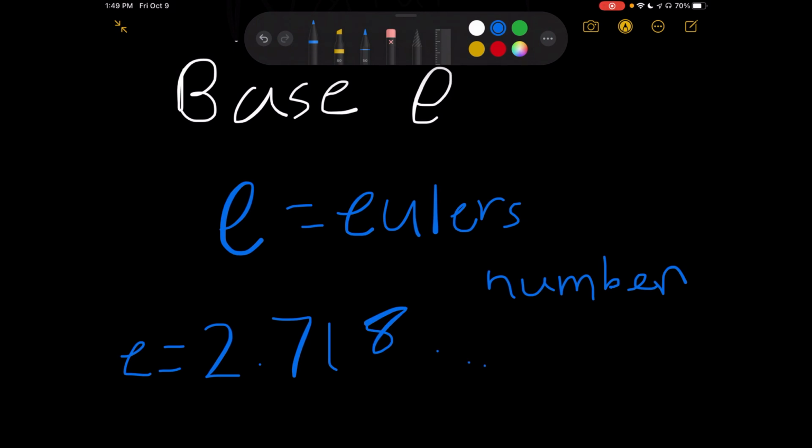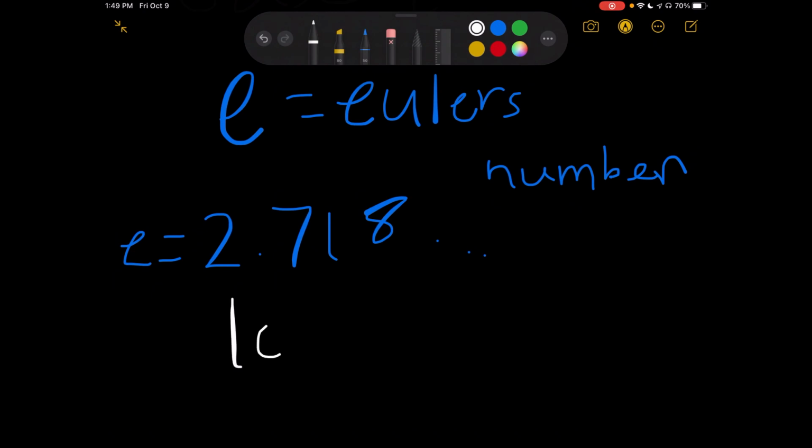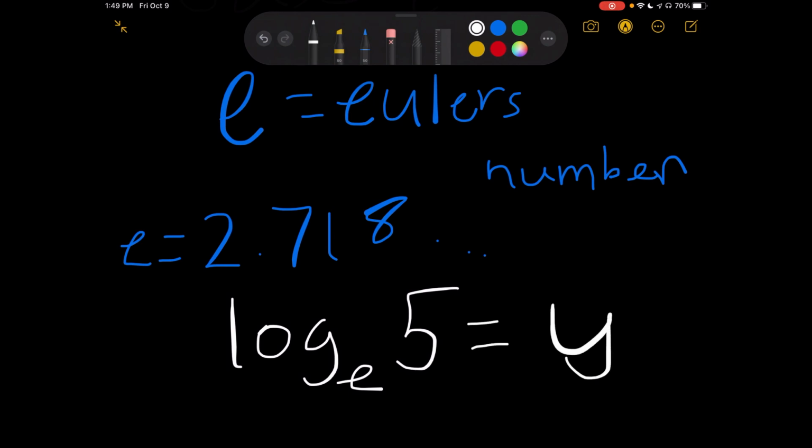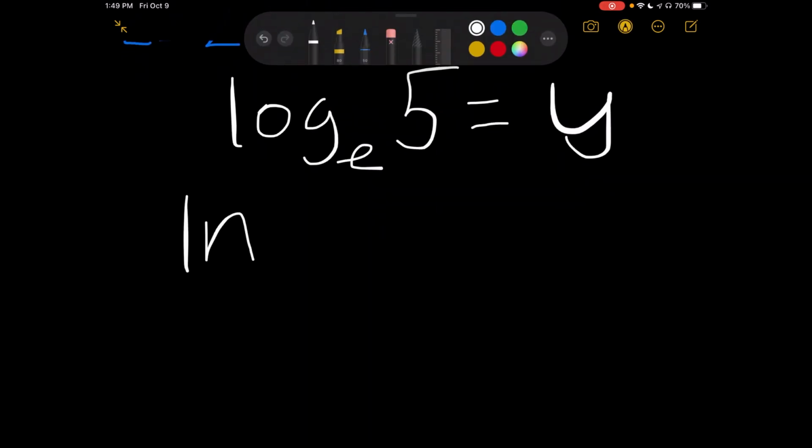It's like pi. So a base e logarithm would look like this: log base e of 5, and that equals something, we'll just call that y. We write base e logarithms differently, like how we write base 10 logarithms differently. We write them with an ln, so it's written as ln of 5 equals y.